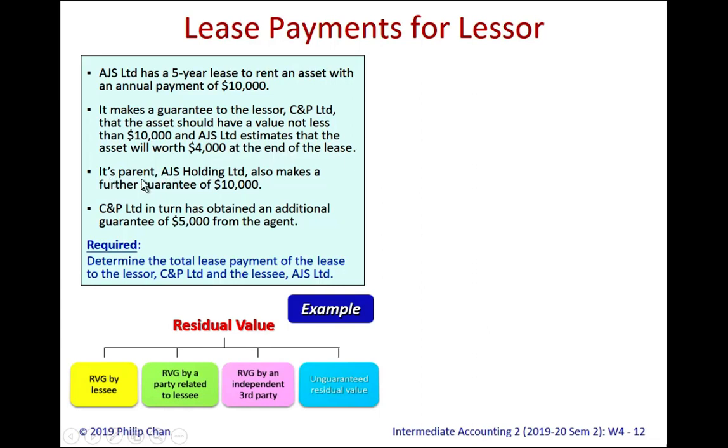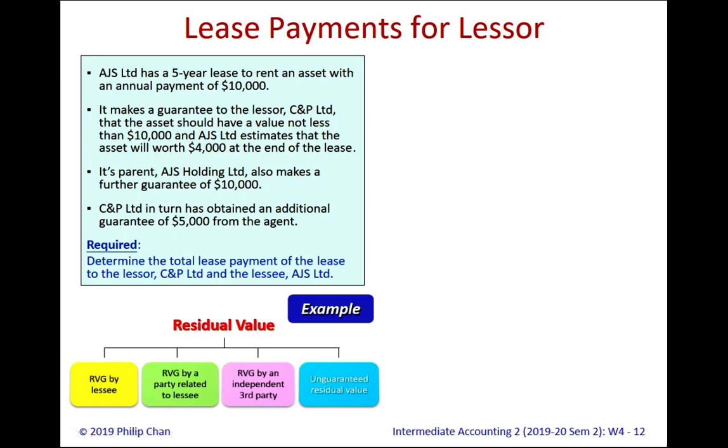The parent company of AJS Limited, AJS Holding Limited, also makes a further guarantee of 10,000. So they are guaranteed by a related party of the lessee AJS. And CMP in turn has an additional guarantee from an agent who has no relationship at all with CMP, and the value is 5,000.